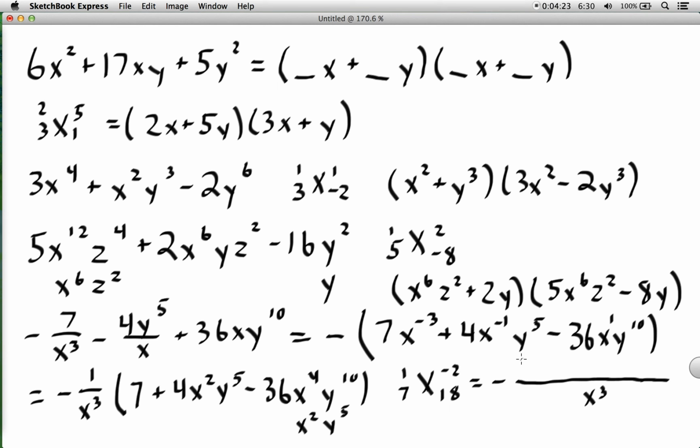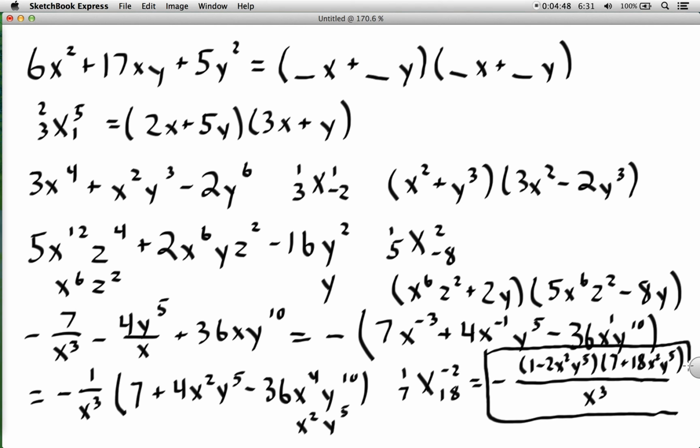So here we just have 1 minus 2x squared y to the 5th times 7 plus 18x squared y to the 5th. And this whole thing right here, this is the final factored expression.